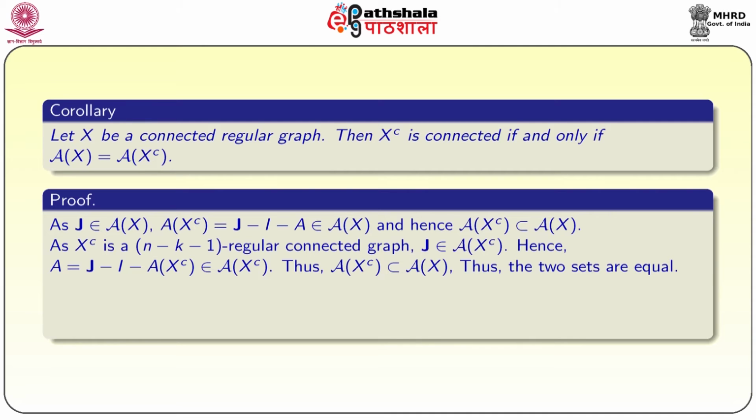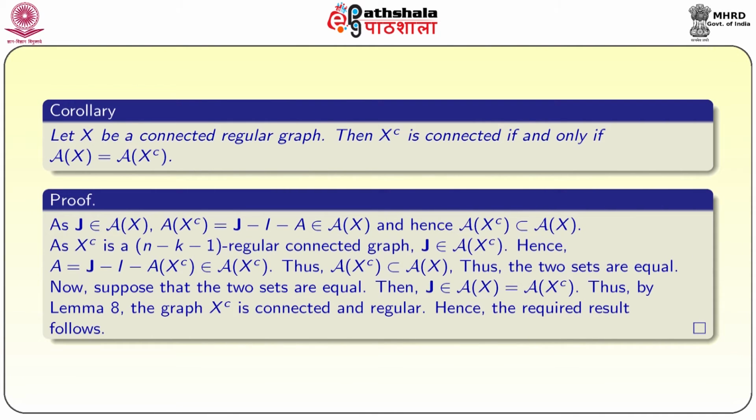So, hence we proved that the adjacency algebra of X is contained in the adjacency algebra of X complement, thus the two sets are equal. Now, suppose that the two sets are equal, then J belongs to the adjacency algebra of X as well as the adjacency algebra of X complement. Thus, by the previous lemma X complement is connected and regular, hence we got the required result.